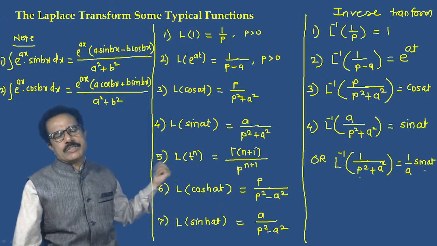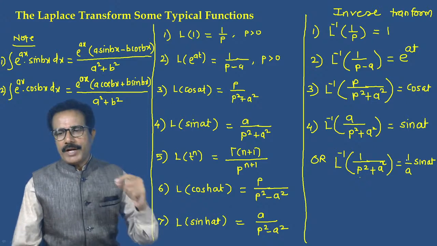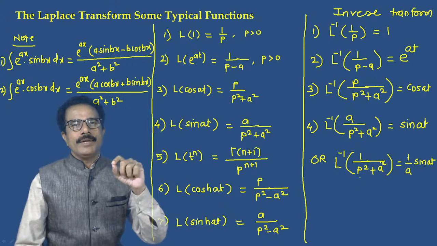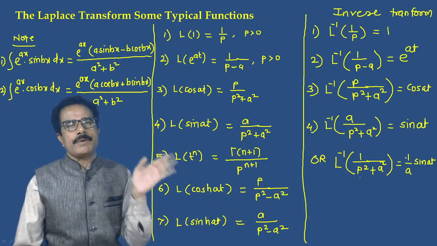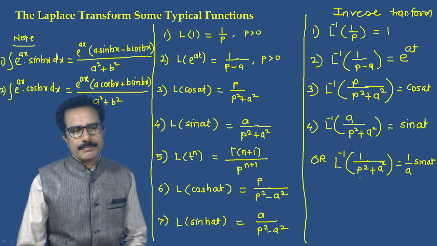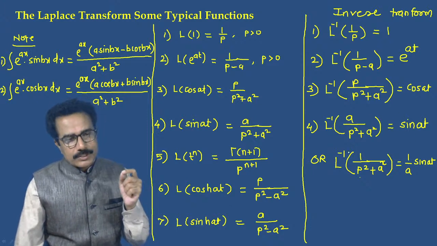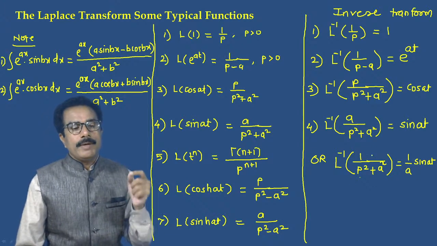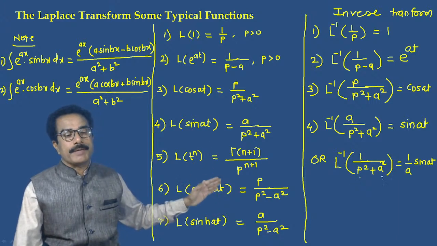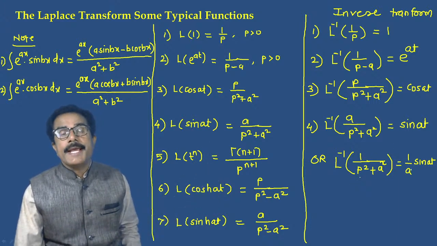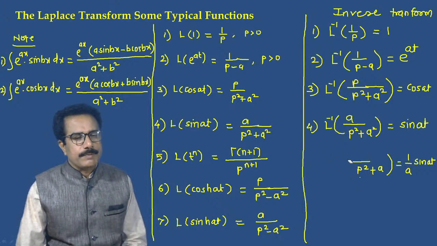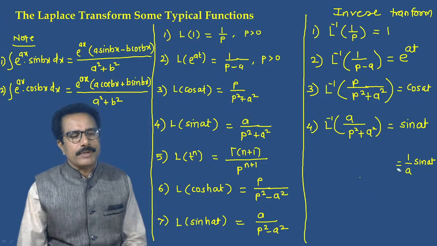For convenience, to understand the comparison between Laplace transformation and inverse Laplace transformation, you can use the earlier formula. But for solving problems, you can use L inverse of 1 upon p square plus a square is equal to 1 by a sin at.